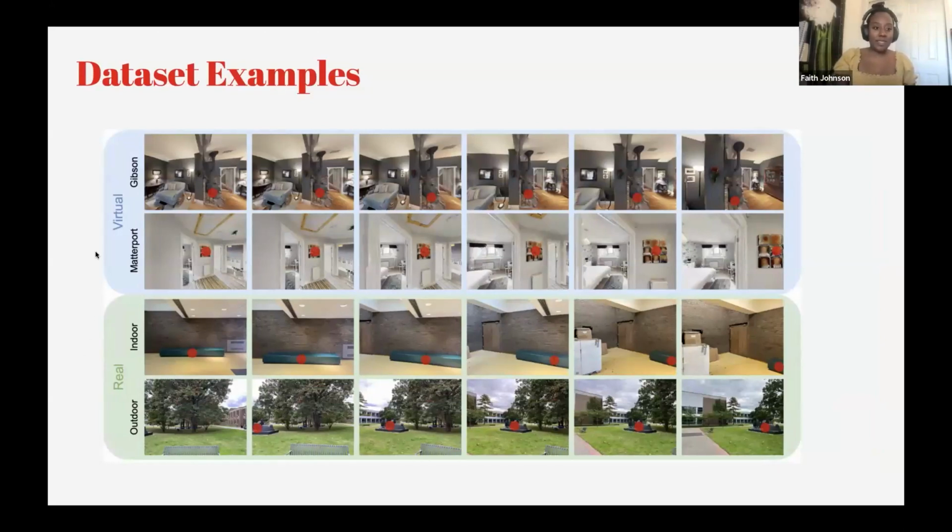For the virtual environments, we did two popular ones, Gibson and Matterport, which are through Habitat AI. And then we also did some real world environments as well, walking around campus and collecting these photo-point click pairs as humans are exploring. This gives us good data to be able to learn the navigation policies of humans.